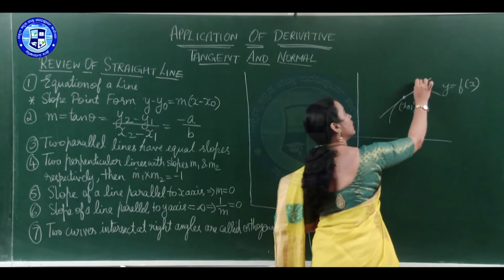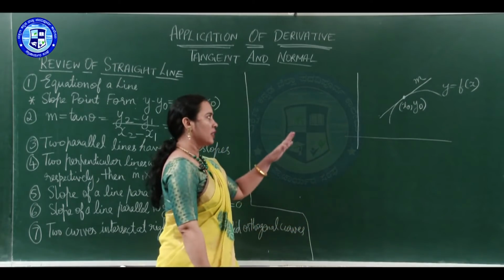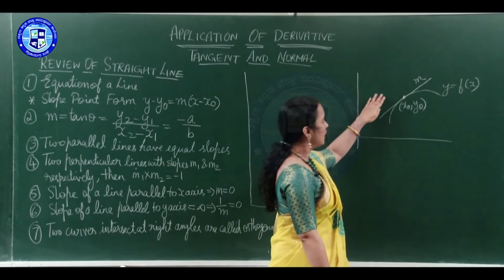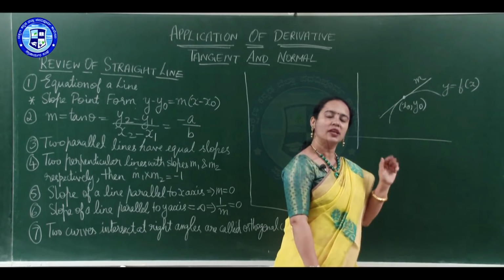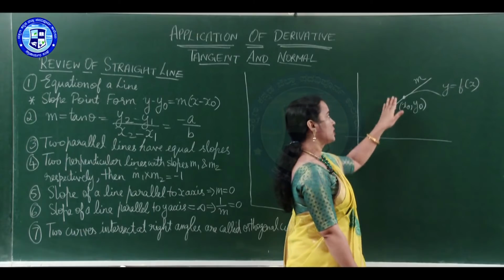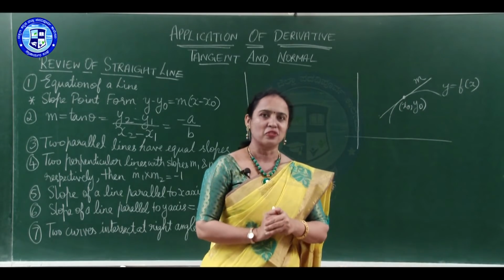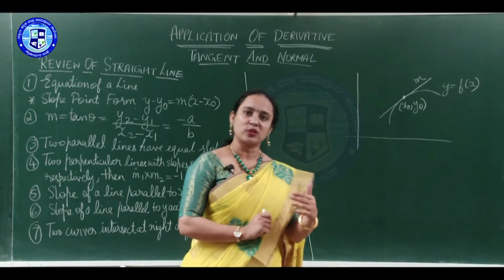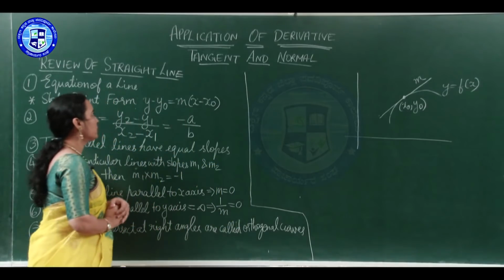Suppose I take the slope of this line as m. Then you have to find the equation of this tangent, which passes through the point x naught, y naught and has a slope m. How will we do that? For that, let us recall what we studied in our earlier classes, straight lines.